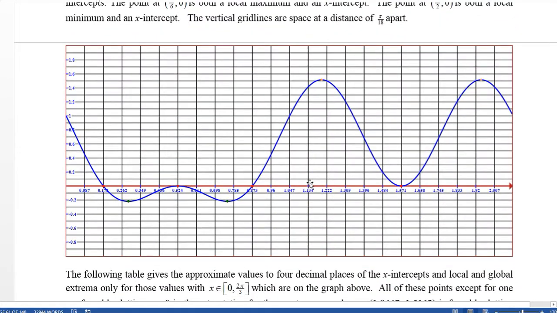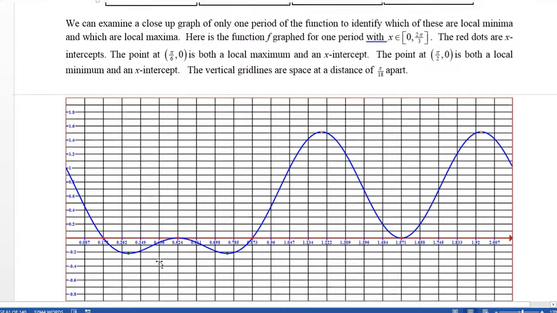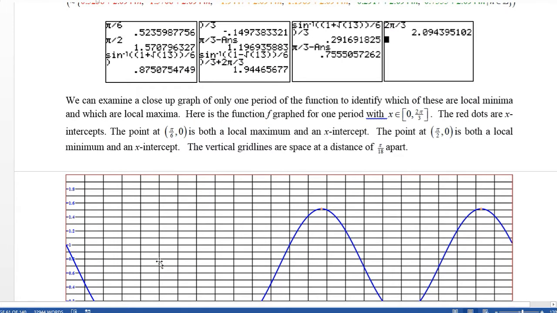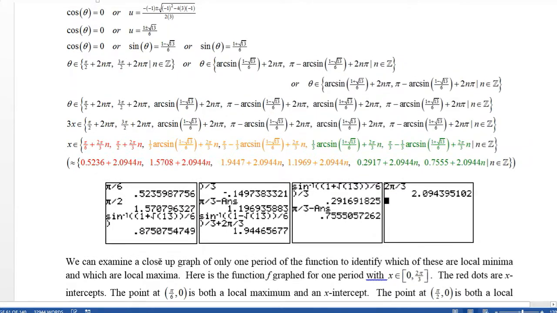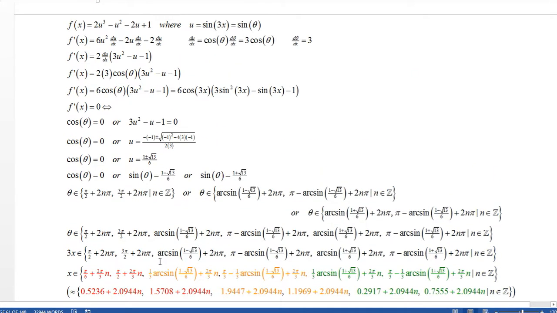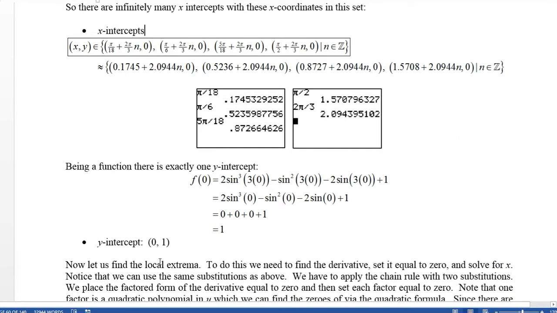Those are all integer multiples of pi over 18, so that's why I've got this graphed out with the vertical lines at pi over 18. Okay.